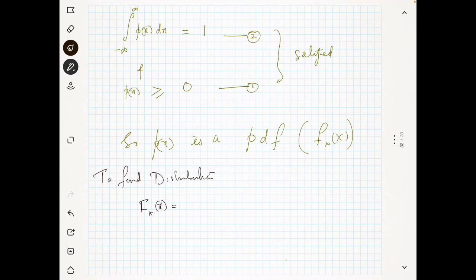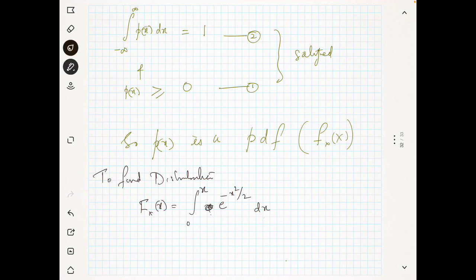Fx of x is nothing but integral 0 to x, because we are starting from 0 because there is no value before 0 for this particular distribution, of e power minus x square by 2 dx. But usually we don't use the same variable, because here for the limit and for the integration variable both are using the same variable. So this is usually avoided in standard notations.